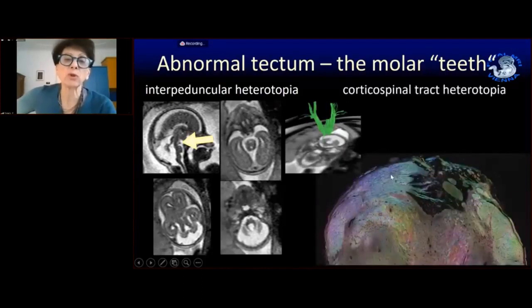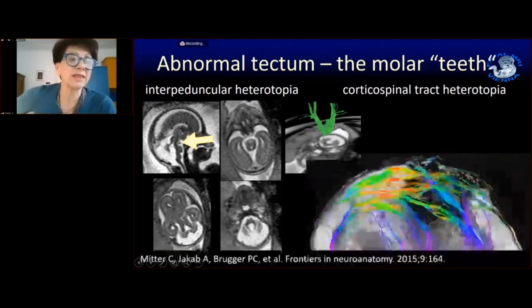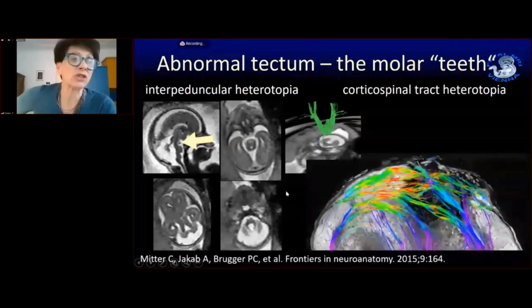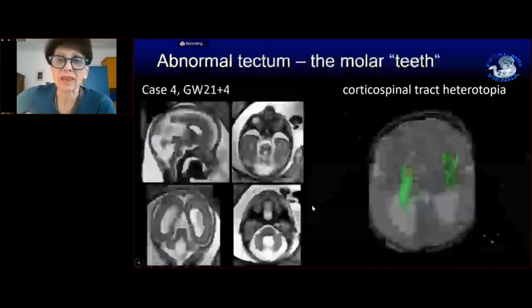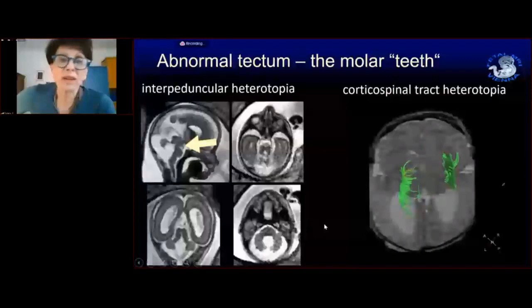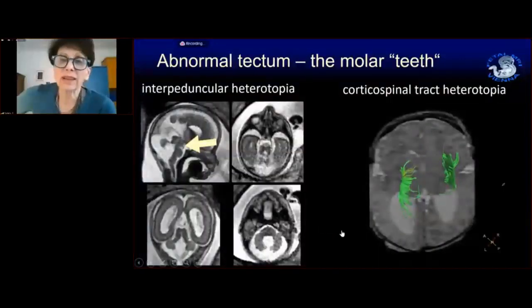And so this little nodule is the corticospinal tract running where there should not even be a part of the brain. So here you have another example where tractography shows the aberrant path of the corticospinal tracts.